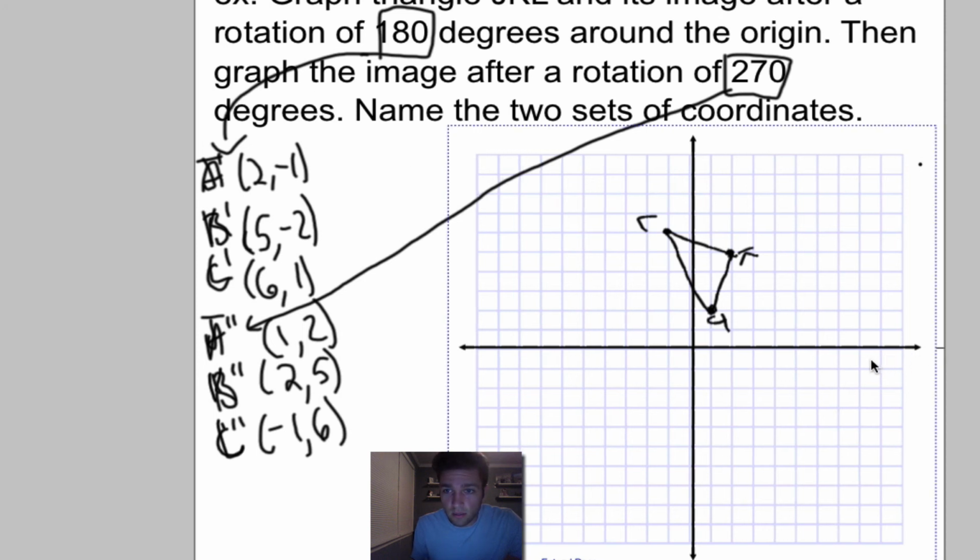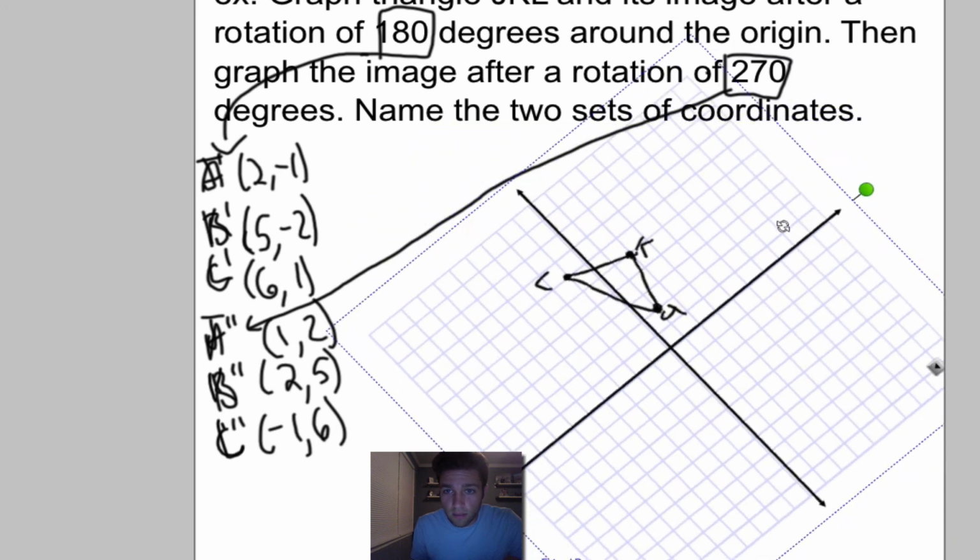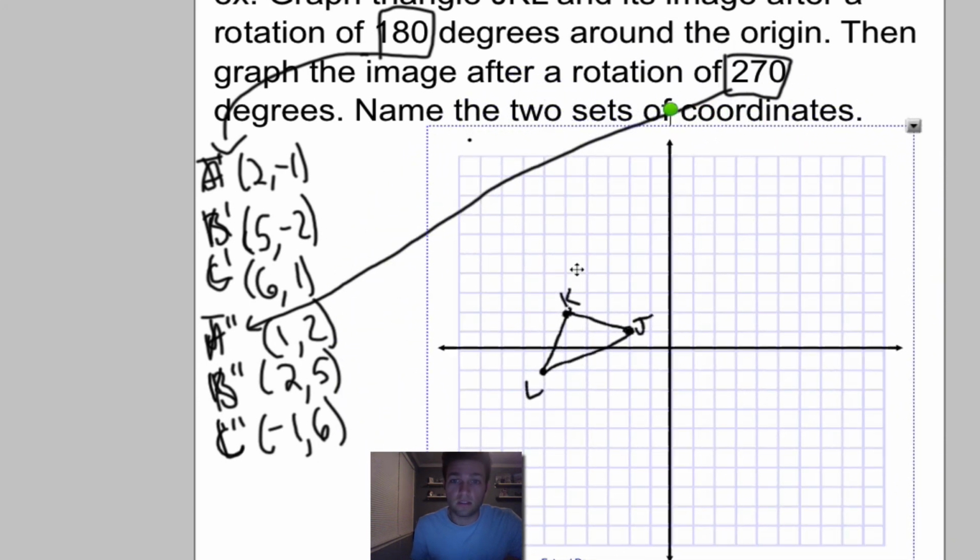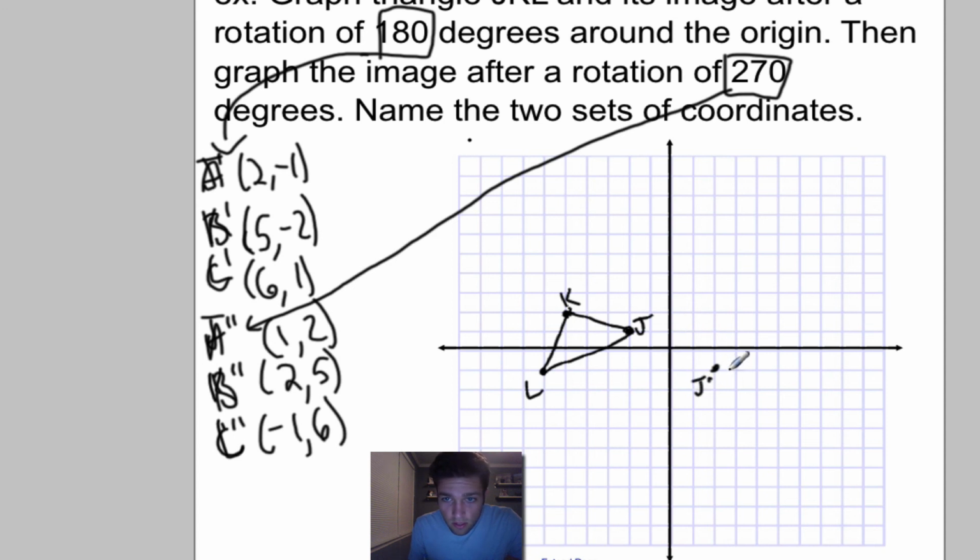The last step is the easiest as long as you're okay with graphing things. Let me just slide this over. Turn it back to how the graph originally was. That's your original figure. And just plot some points. So J prime is at 2, negative 1. K prime is at (1, 2, 3, 4, 5), negative 2. And L prime is at 6, 1.